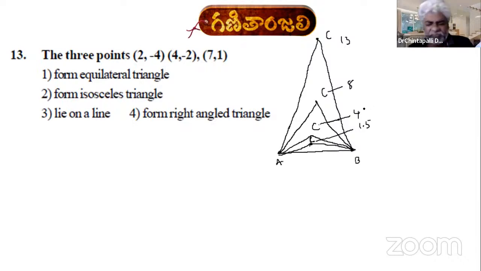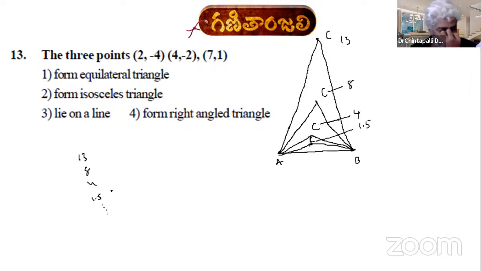the area of the triangle is reduced, that means decreasing. So at what stage can we stop? Area cannot be negative. Suppose it is 13, 8 is less than 13, 4 is less than 13, 1.5 is less than 13, and so on.